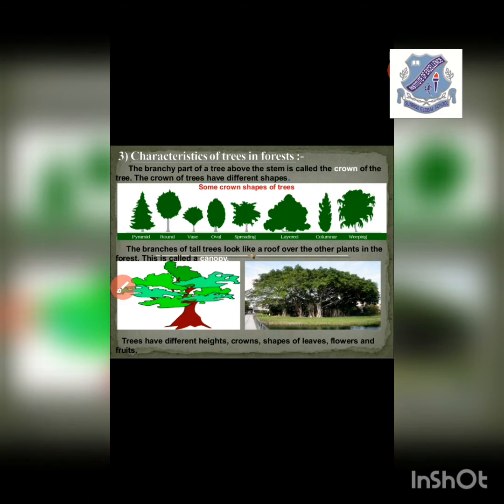The branches of tall trees look like a roof over the other plants in the forest. This is called a canopy. Over here you are learning another word. The first one was crown and the second one is canopy. So canopy means जो भी branches tree की बहुत ज़्यादा tall होती हैं.